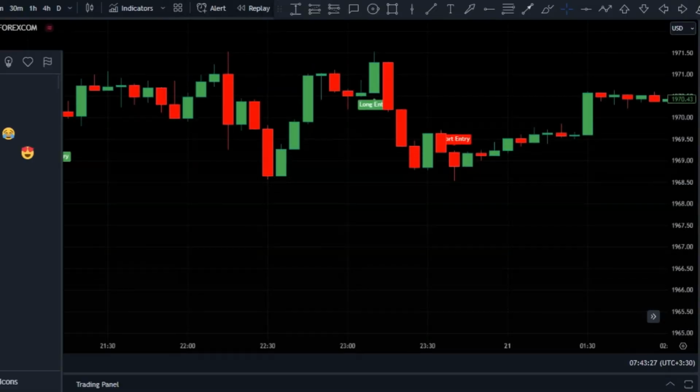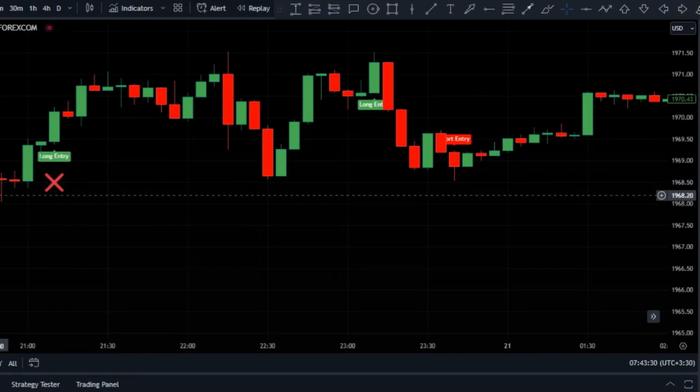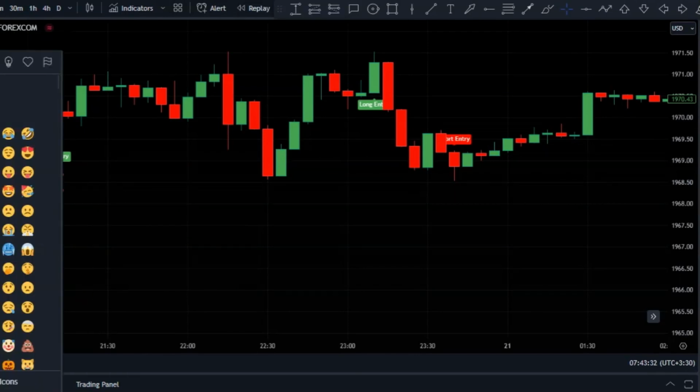Seeing these signals is the first sign that a trade opportunity may be coming. But this signal alone isn't enough.